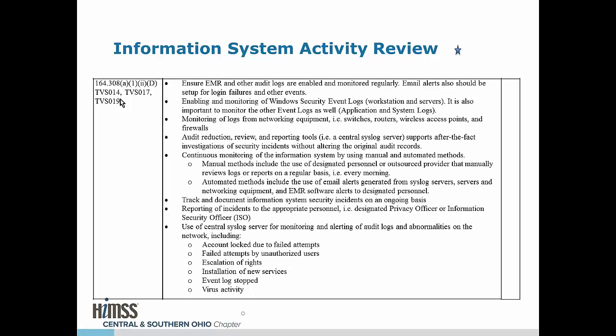Why are they? And you'll see when you look over here on the left-hand side, the actual CFR, and then you'll see these TVSs. And the TVSs are the threat and vulnerability statements that have been developed. And those are what we always walk through with a practice, telling them these are the things you need to be watching.